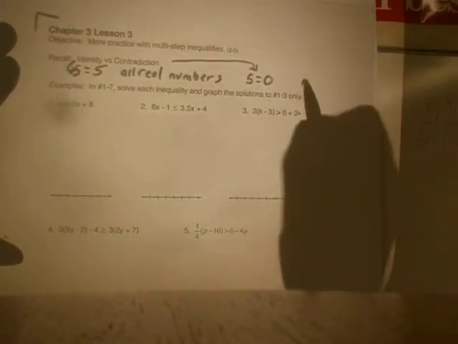So that was called the identity, when all real numbers worked. And the contradiction was when we ended up with an answer like 5 equals 0. That's contradictory. 5 does not equal 0. And this was no solutions.